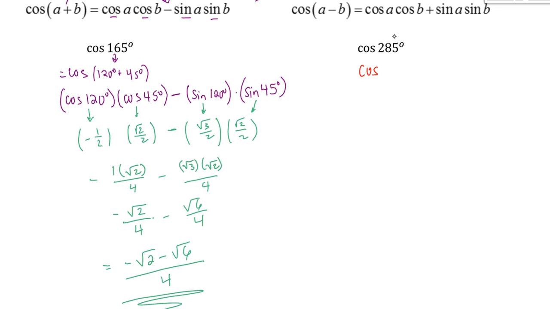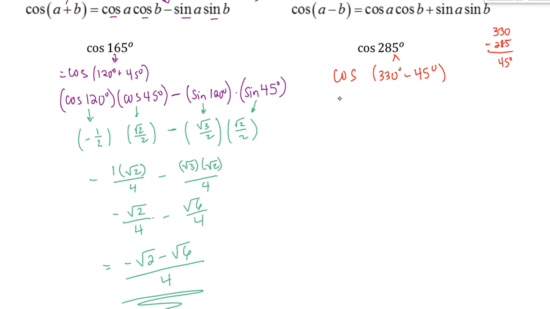So let's write 285 as, let's see, 330 minus 285 is 45. Okay, let's do 330 minus 45. You don't have to use the difference formula if you don't want to. This is just me trying to demonstrate it a little bit more. And we've got the cosine.